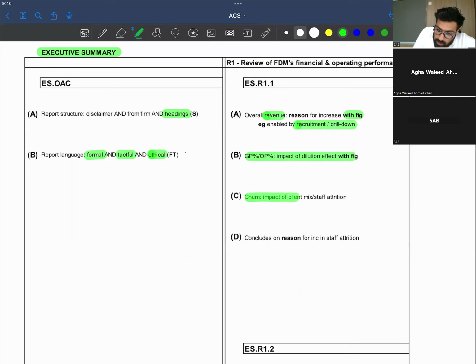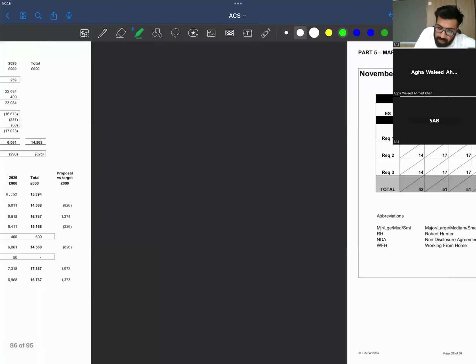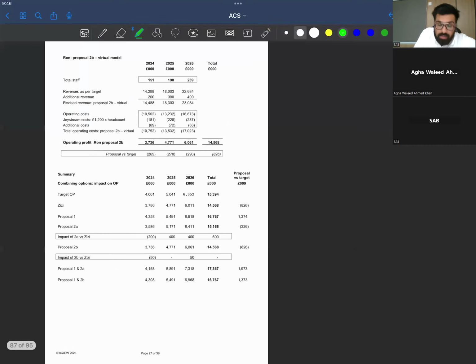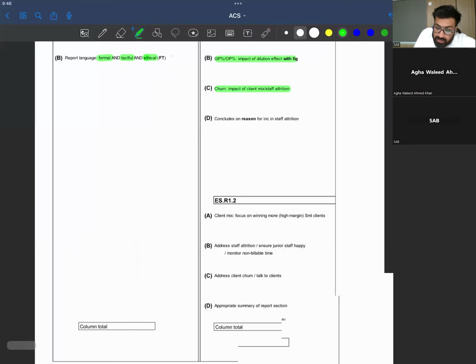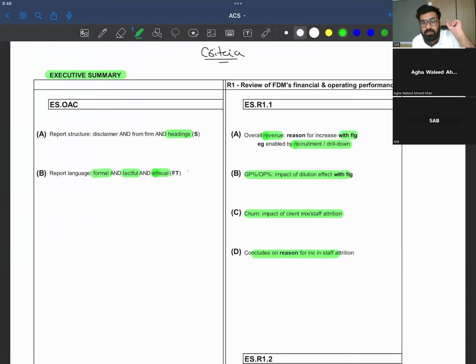Churn rate needs to be discussed. Churn is basically clients being changed. Disclaimer, I'll show you the executive summary, don't worry. Then conclude on reason. So this is the criteria for the executive summary of requirement 1, okay?